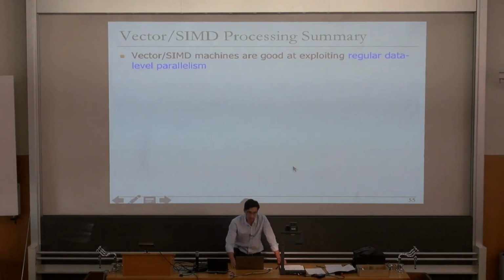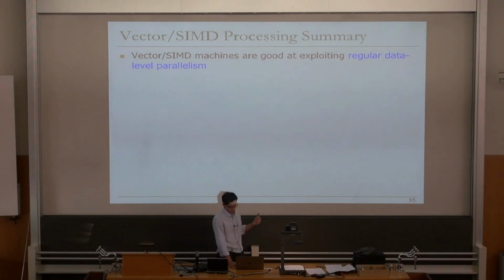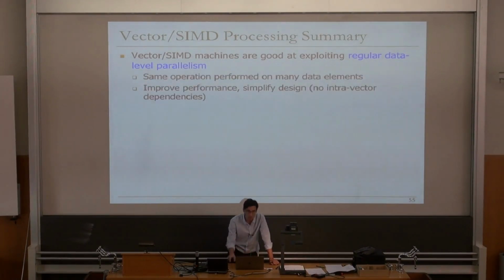Okay, we will go back to the programming of the SIMD processors, but meanwhile, let's have a very quick summary of vector and SIMD processors. We have distinguished between vector and array processors.